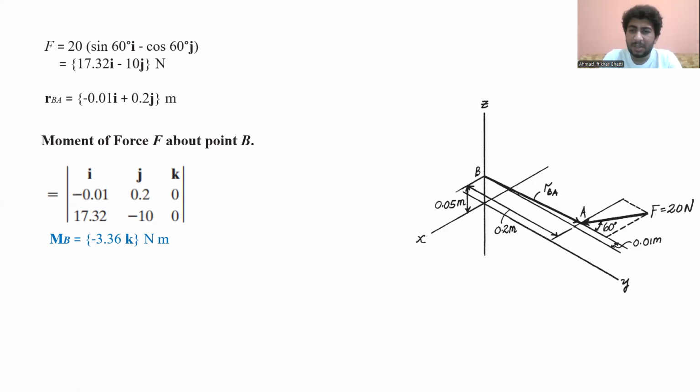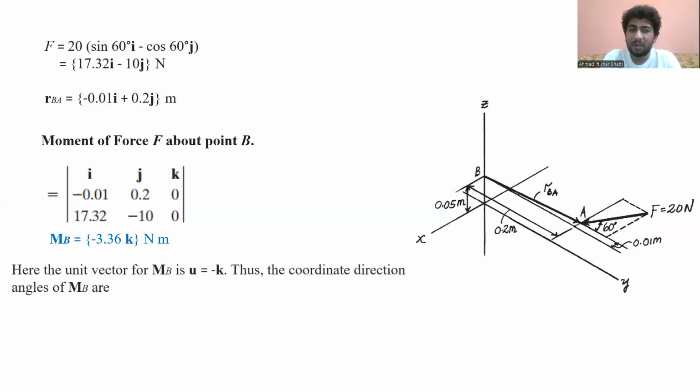So we have to also find the coordinate direction angles. You see, when I take the unit vector of this moment, I get minus 1. So you see that basically the angle alpha represents the x-axis. So at the x-axis, the unit vector is 0, so we get cos inverse 0, which is 90, and the same with the angle beta.